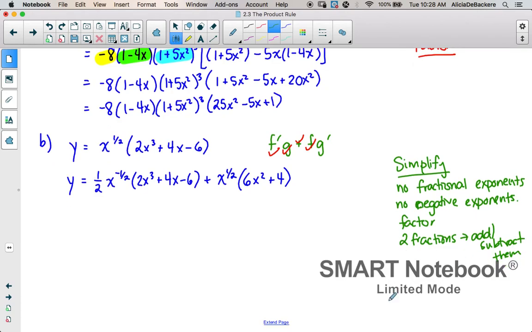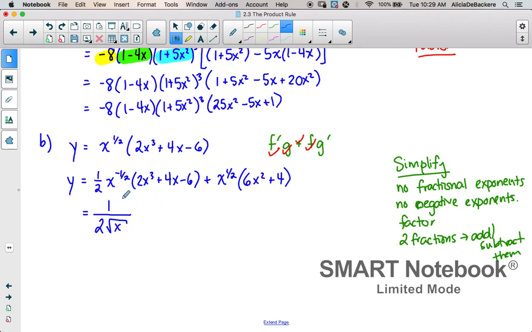So let's see what we've got here when we're simplifying. Right away I notice I've got some fractional and negative exponents. So I'm going to rewrite those. This first one here is negative and fractional. So the negative tells me to move it down to the denominator. There's already a 2 in the denominator. It's just going to join it. And instead of a 1/2, it'll be a square root.